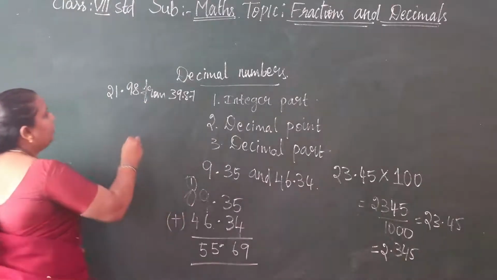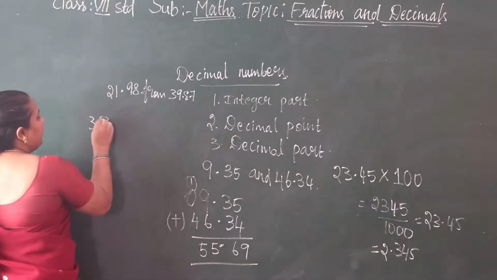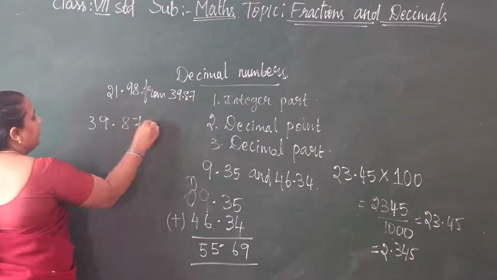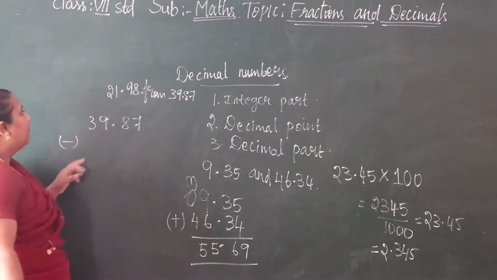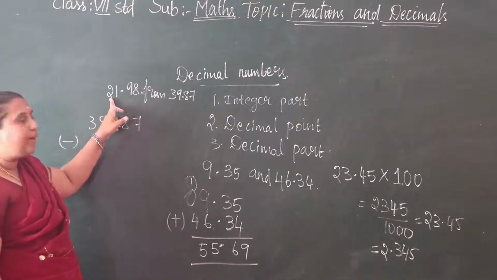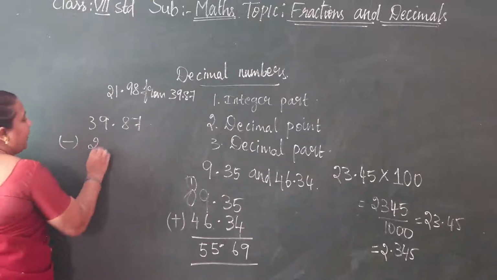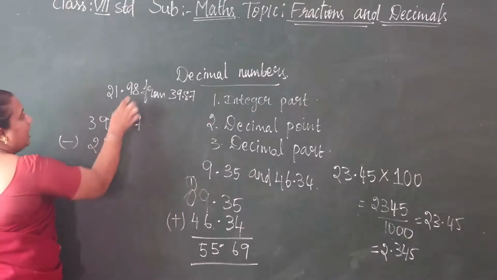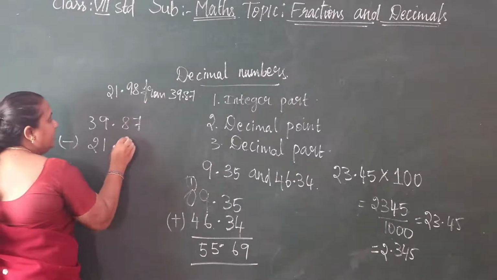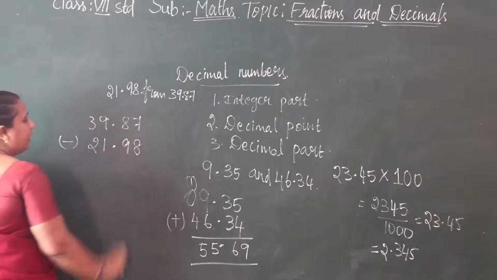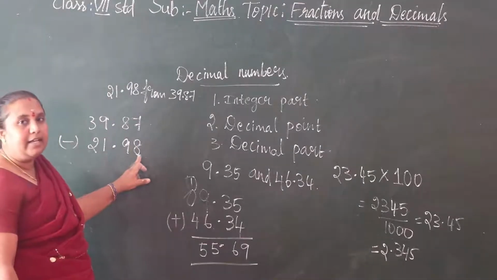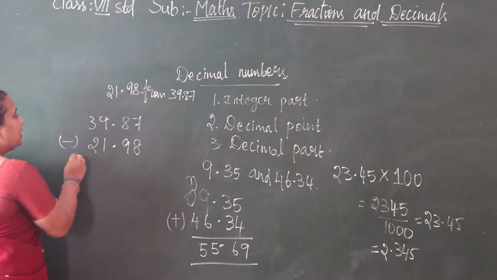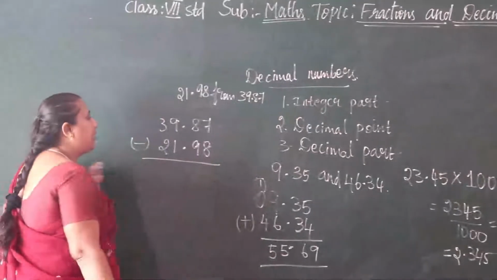So first you write 39.87, and this has to be minus 21.98. See, 21 is the integer part and 98 is the decimal part. So we subtract 21.98 from 39.87.